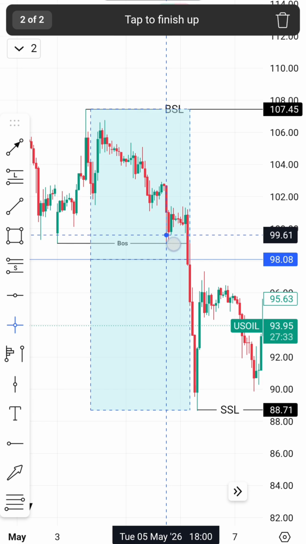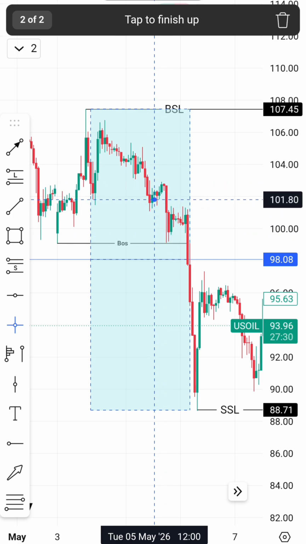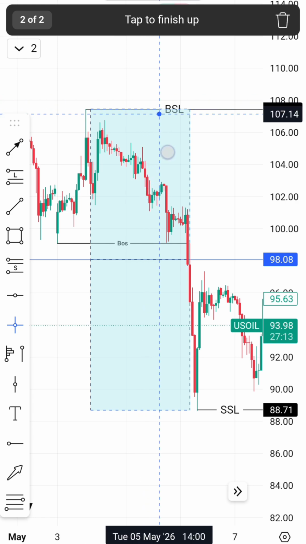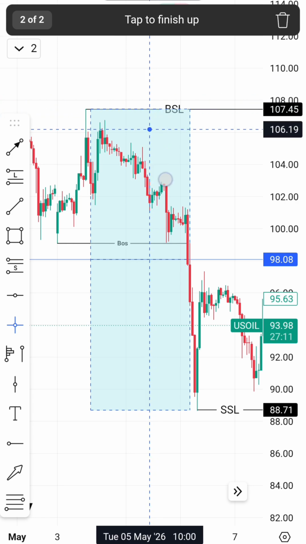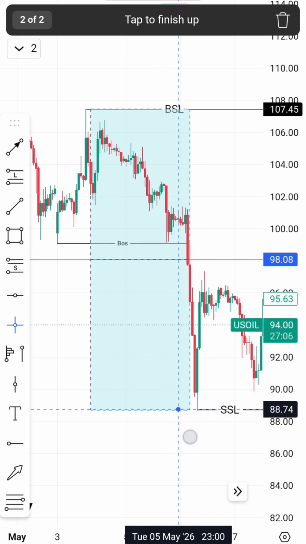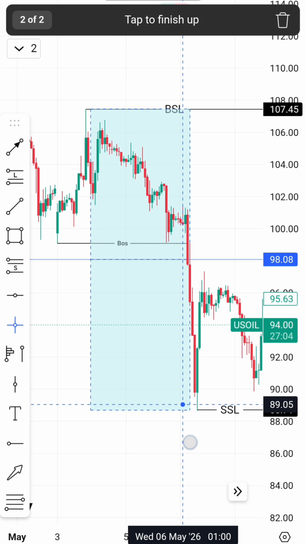Because this is the only side that we are sure is safe, that we don't expect the market to break. If it breaks that zone, we know the trend has changed, which is this side up here. Okay, but since the market is bearish, we know the only side that is going to be broken is this one easily. Okay, not 100%. I'm saying when we are analyzing and marking the market structure, that is basic knowledge.